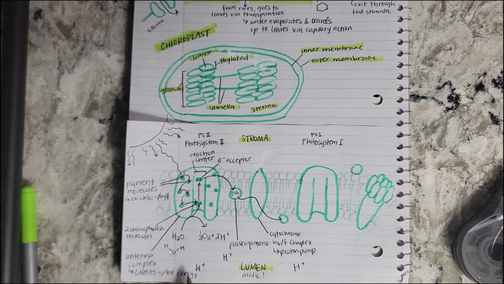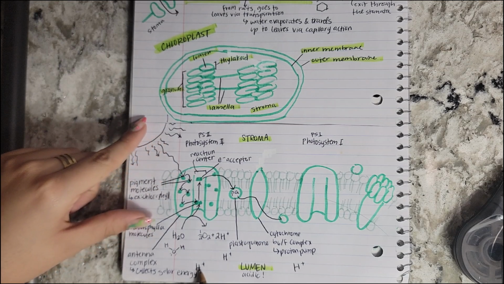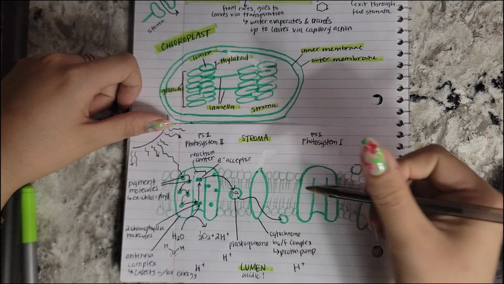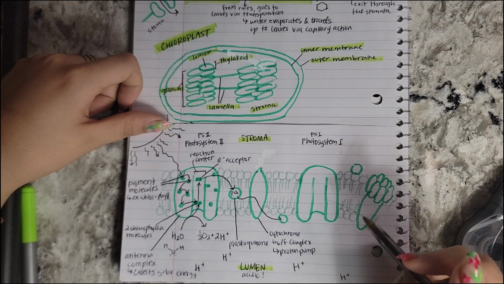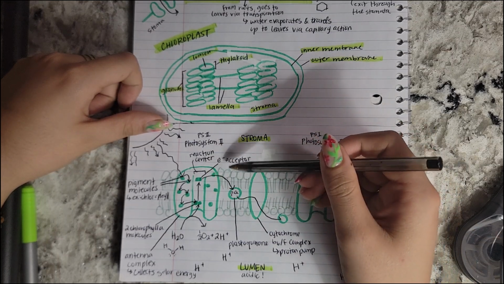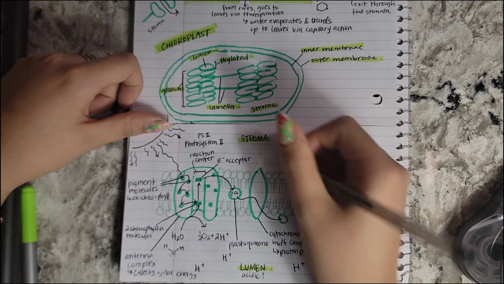So you know how we have a lot of protons here, hydrogen ion where it has no electrons is a proton? Because there's no neutron in a normal hydrogen isotope, so it's just a proton when there's no electron. So there's a lot of protons in here, and that's really good. Like, we want it to be like that, and I'll explain why soon. But basically, so these super high energy electrons are going to be used by the cytochrome B6/F complex to pump a proton in.